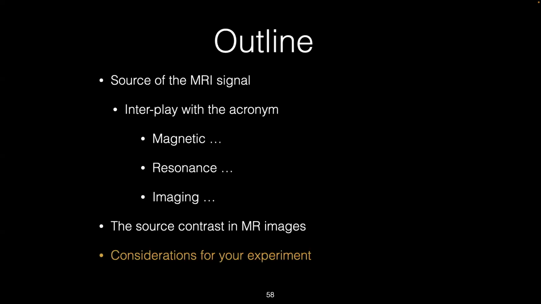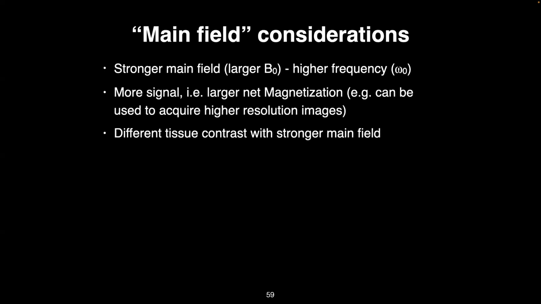All right, and then let's wind this up with a few things for you to consider as you're thinking about your experiments. As we started off, stronger magnets give you more signal to work with.